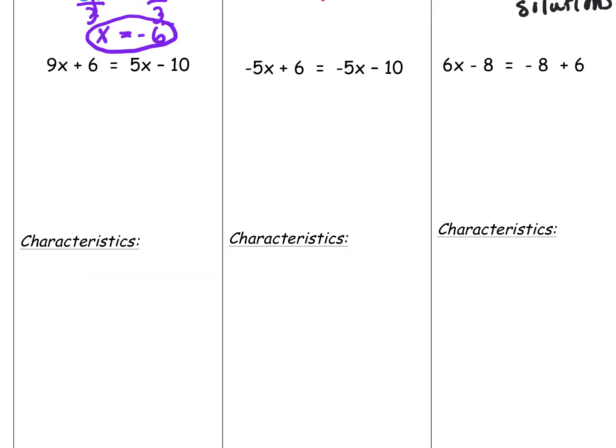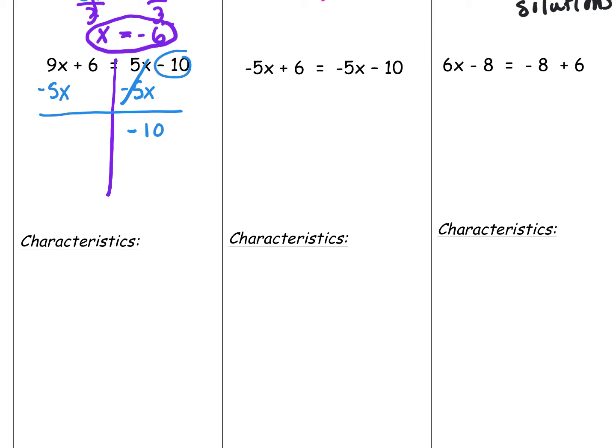Let's go back to the column that has our one solution. So we're going to start solving once again by eliminating one of the terms with a variable. So we're going to take away 5x. The purpose is to eliminate one group of variables that have an x in it, and I have -10 left over. Always remember to take the sign with it.